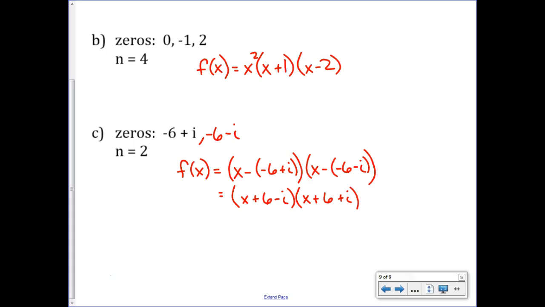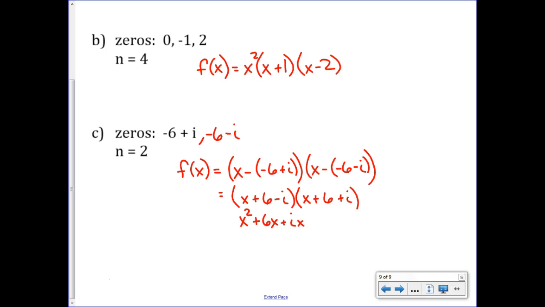We still can't leave it like that. So now I'm going to have to multiply all of that in. So x times x is x squared, and then x times 6 is 6x, and x times plus i is ix.